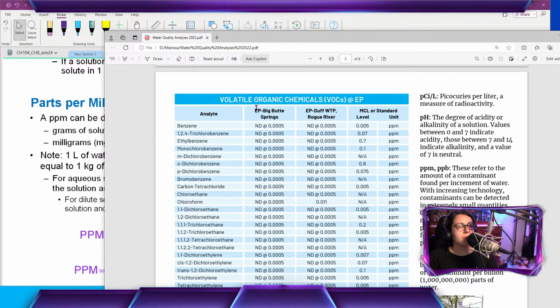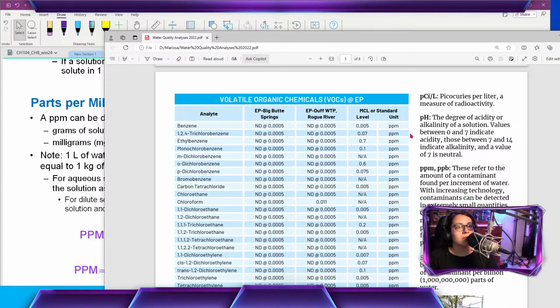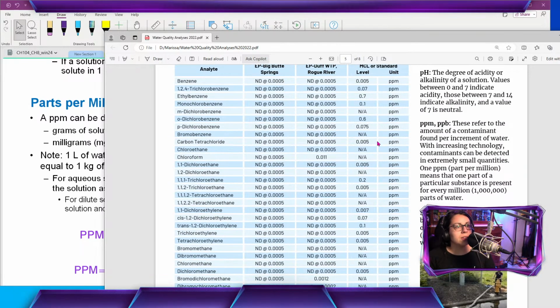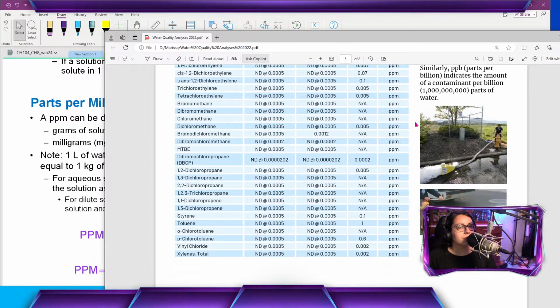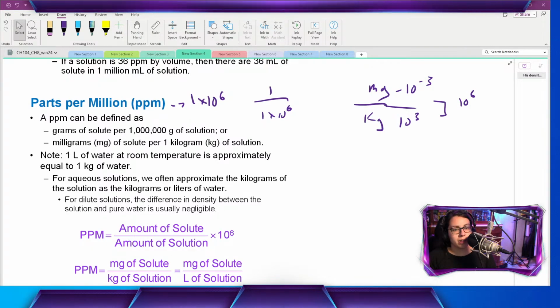You would not want these in your water. Pretty good water report for this region. So benzene, and this is parts per million detection level. All right, kind of cool to take that in. All right, back to the units.